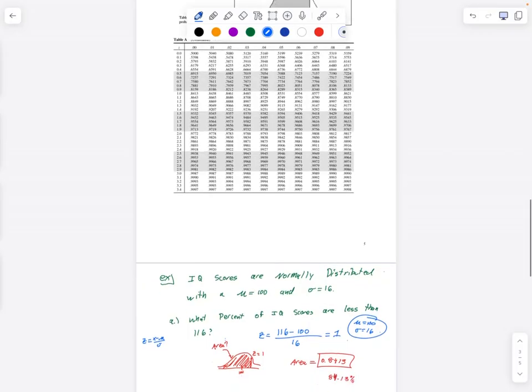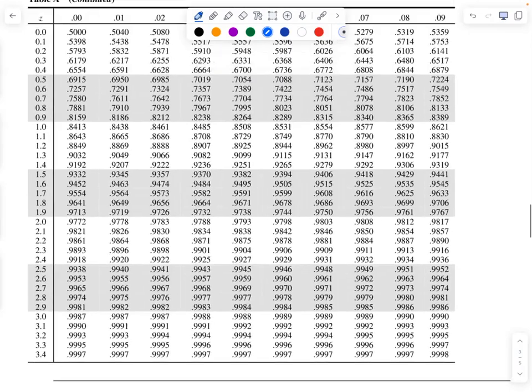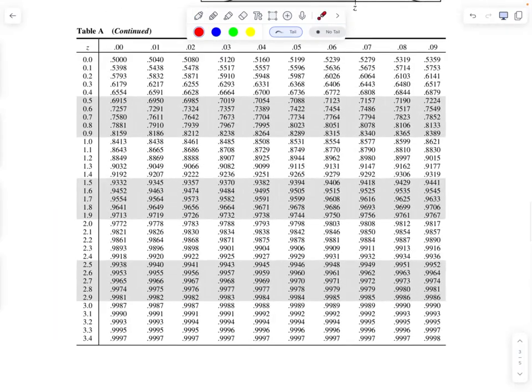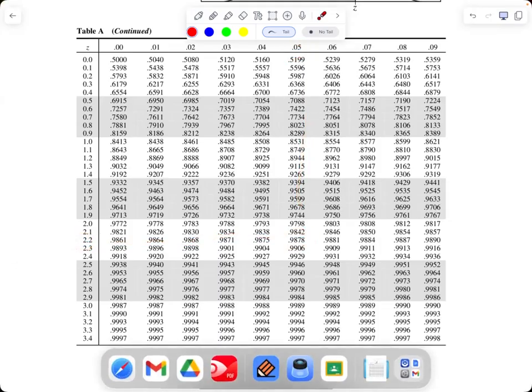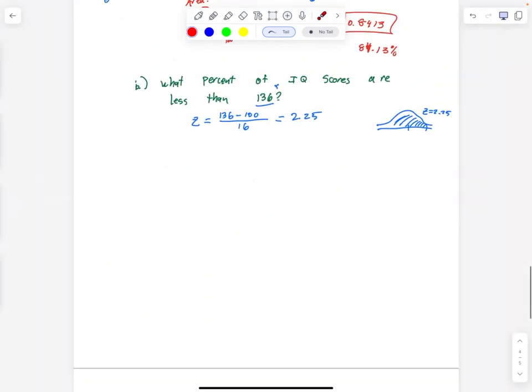If below is this, how do I find how much is above? I subtract. So the area equals, what do I subtract it from? How much is everything? 100%, which is what as a decimal? What's the whole thing? 1.